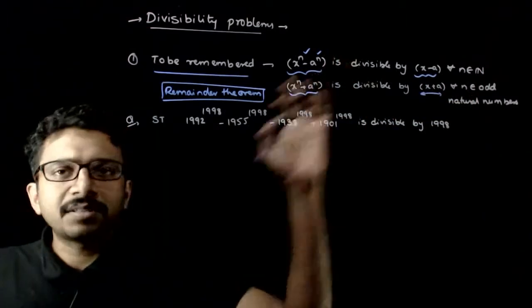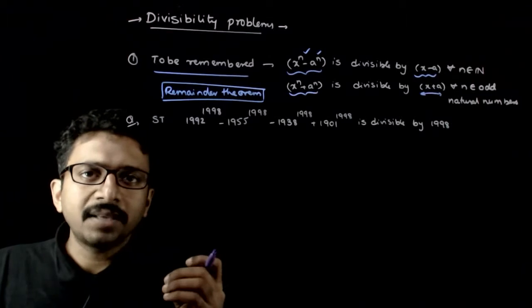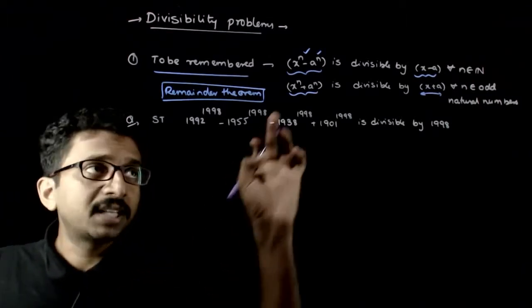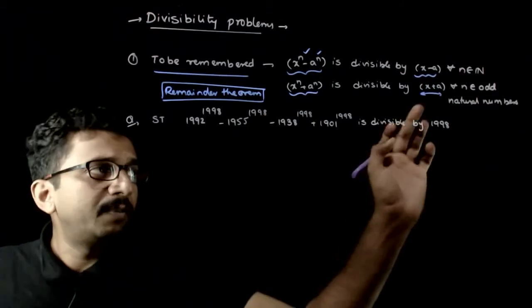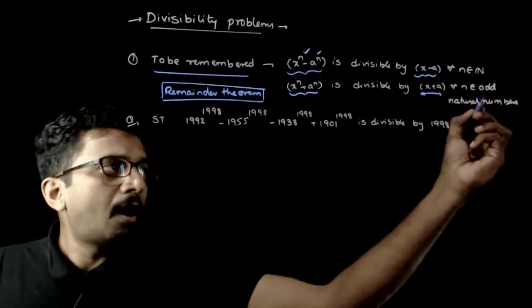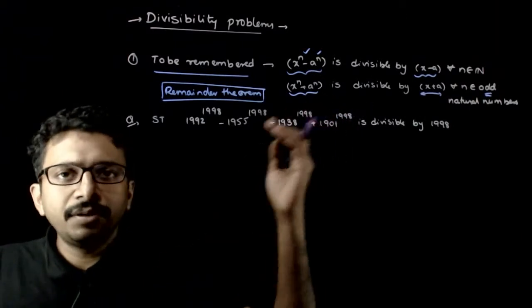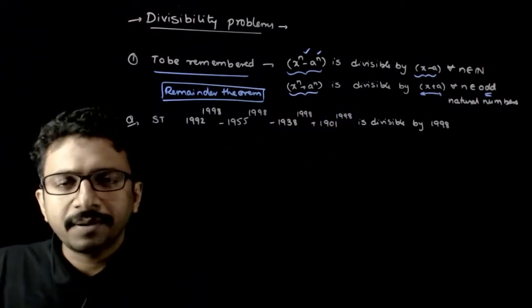So once you remember this, x power n minus a power n is always divisible by x minus a for all values of n, but x power n plus a power n will be divisible by x plus a for all odd natural numbers. Now let us see how we can use this in divisibility problems.